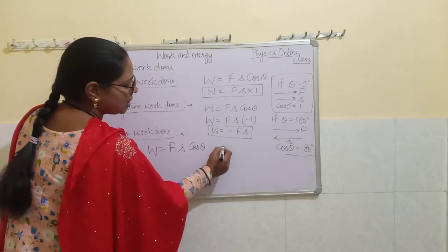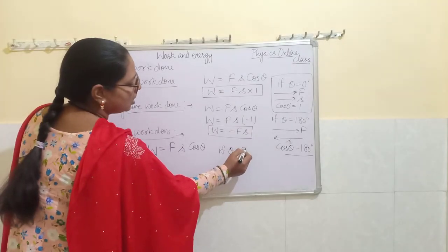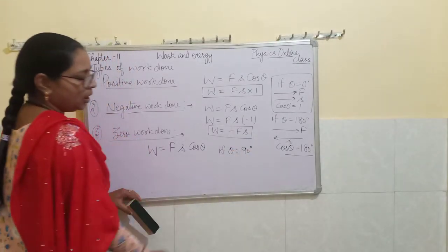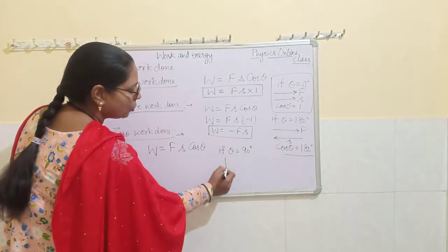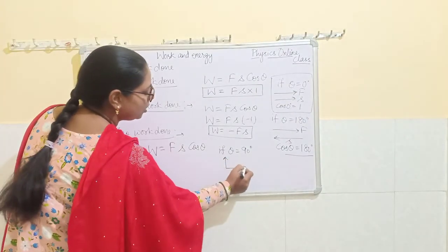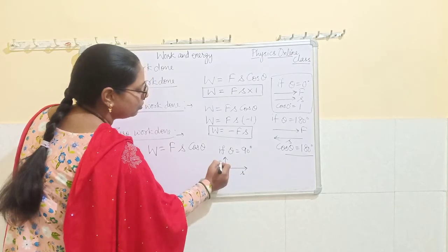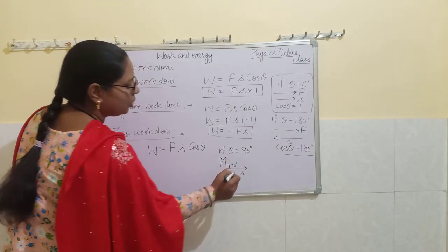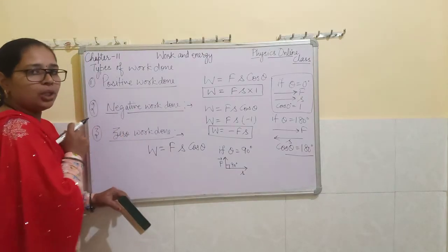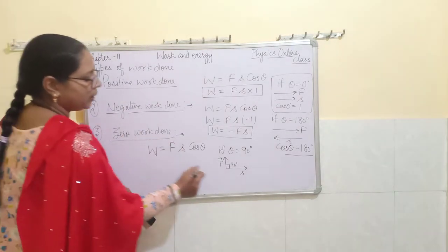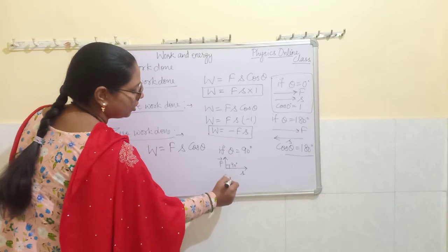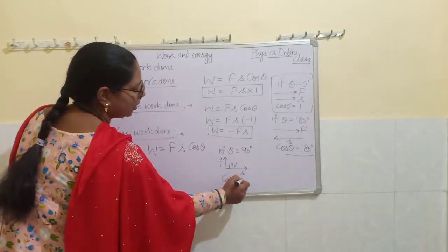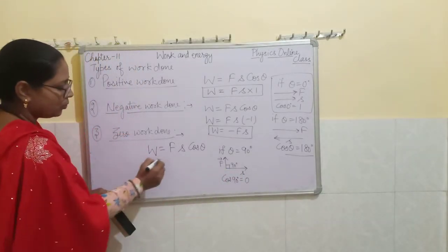Here the condition is that if theta is 90 degrees, 90 degrees means force and displacement are perpendicular to each other. We are applying force on a body in perpendicular direction, then we will get zero work done because cos 90 is 0.